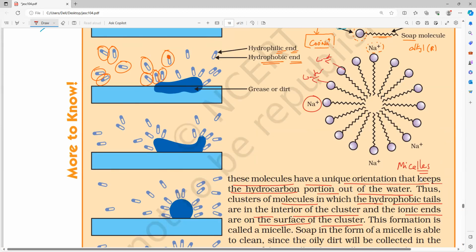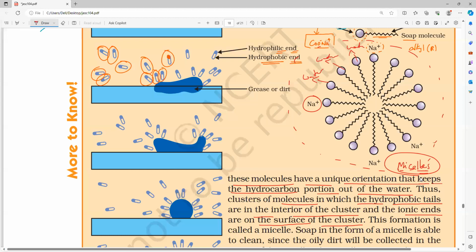All the tail parts will never like to react with the water. That is why all the tail parts point to the interior of the cluster. In this formation, all the tails are interior and all the charged hydrophilic ends are outwards.